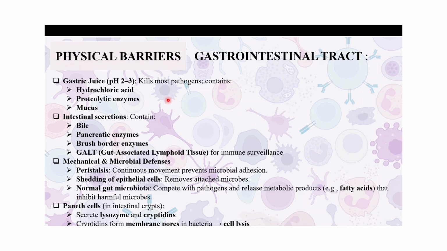Now, the intestinal secretion also contains bile, pancreatic enzymes, and brush border enzymes. Here I have included GALT, or gut associated lymphoid tissue, for immune surveillance, because it's there in the newest edition of QB. But this gut associated lymphoid tissue, as the name suggests, is not completely under the innate immune system.